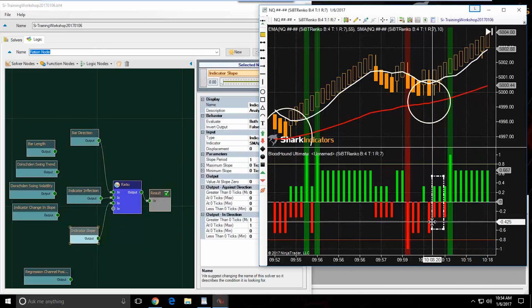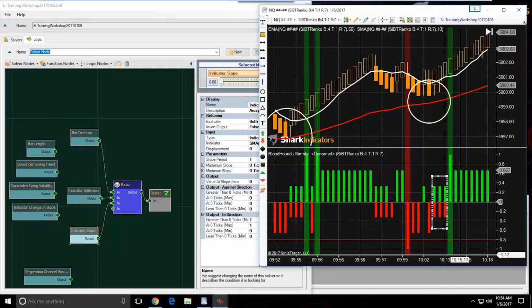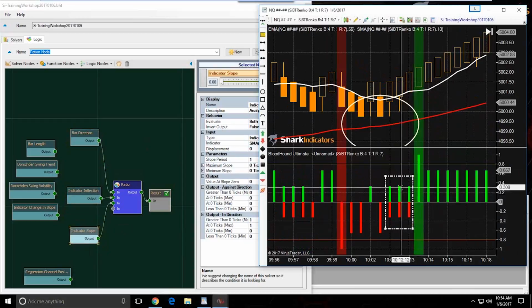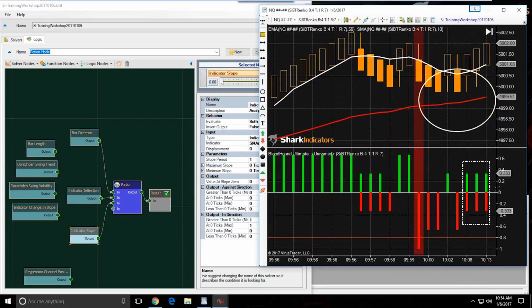Now over here, you see these three bars, all right, we can see one solver is giving us a long output, and therefore we get 33% output for the long side. We have another solver giving us a short output, a 33% output, and the other solver has no output.